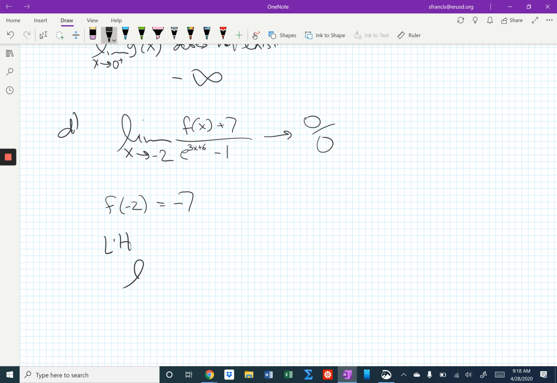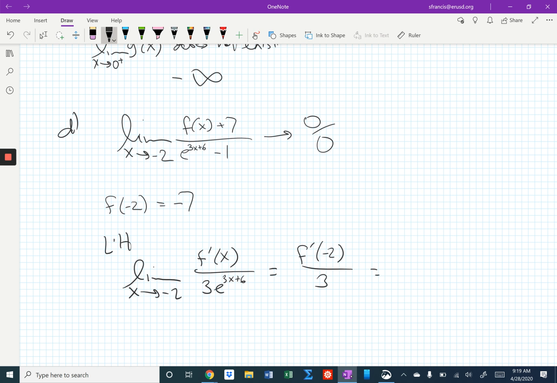So using L'Hopital's rule here, x is expressed as negative 2. We're going to get f prime of x over 3e to the 3x plus 6. And so we're going to get f prime of negative 2, which again, I didn't work any of this stuff out ahead of time, but if I plug in negative 2 here, that comes out to be just 3 on the bottom.